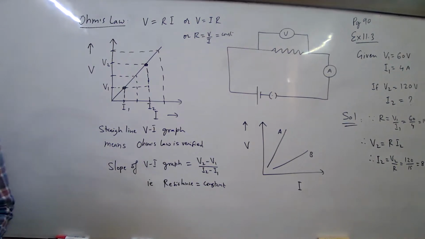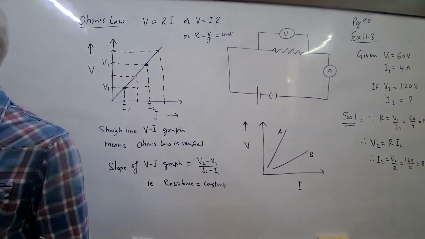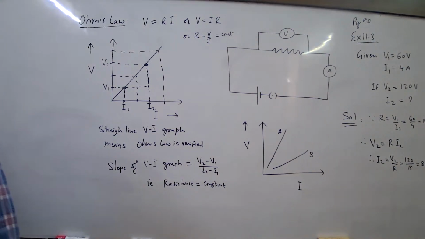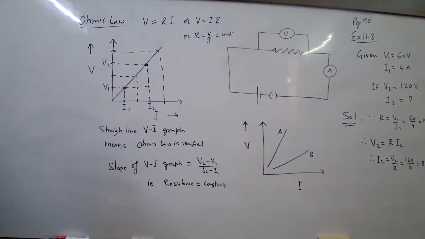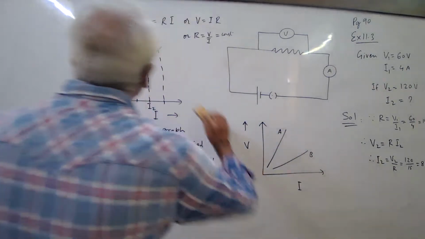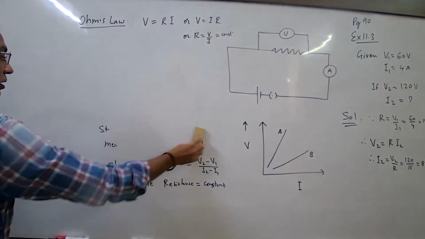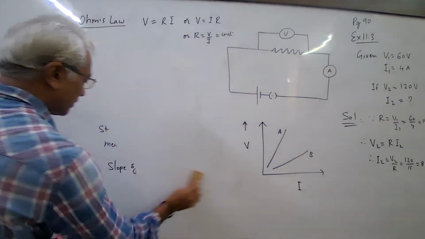So next we will study resistance in detail. What is resistance? What did I tell you resistance is? What does it mean? Resist करता मतलब? Yes, it opposes or obstructs the flow of current.